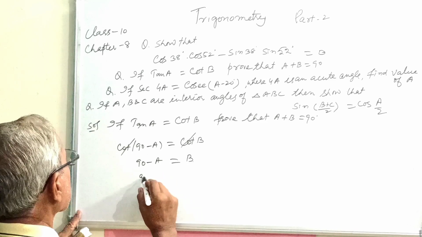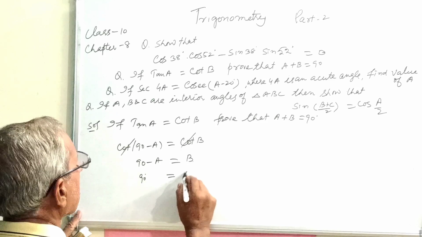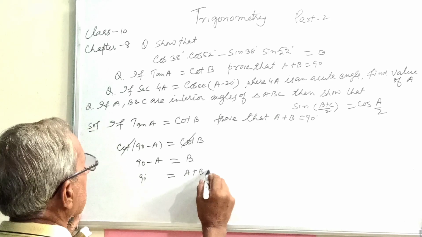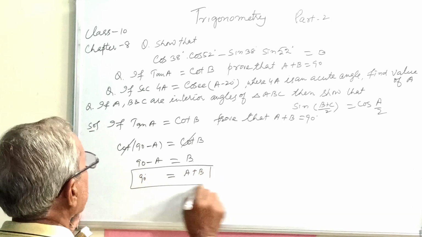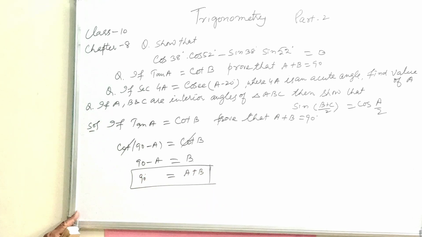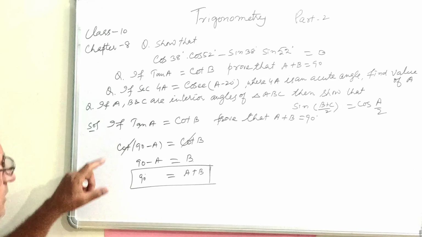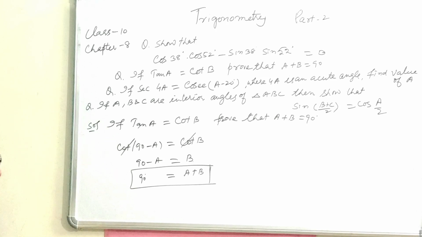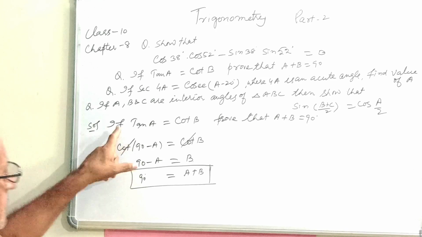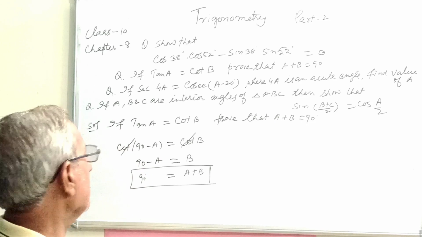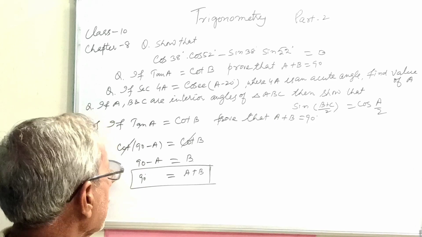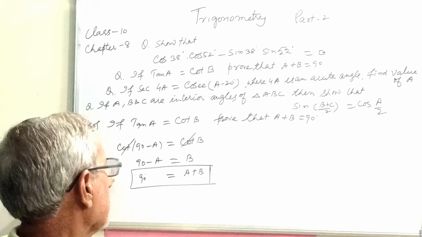So 90 degree will be A plus B. So that was to be proved. Therefore A plus B is equal to 90 degree. So these are very short and simple questions, and mostly asked in the exam. Questions on the complementary angles are commonly asked in the exam.